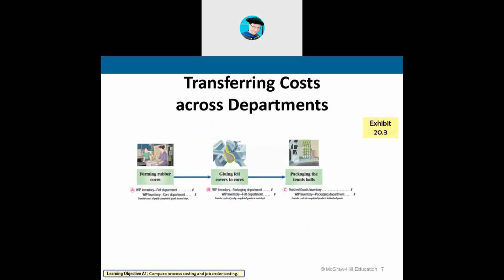I need to transfer out the cost from the core department, to move along with the tennis ball. So to do that, I debit felt department work in process inventory, and I credit core department work in process inventory. What it does is it's transferring the costs from the core department to the felt department.